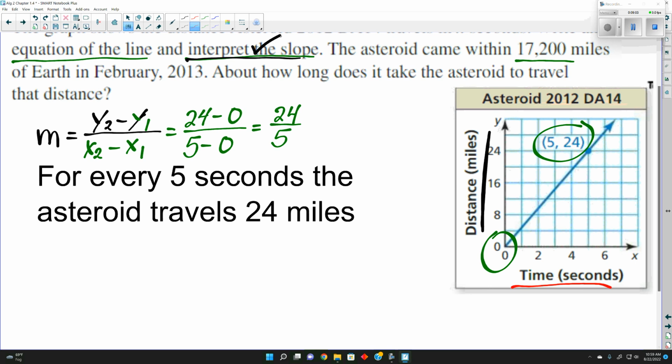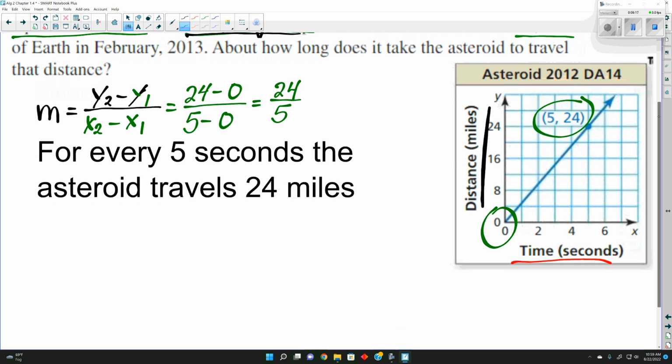So, we interpreted the slope. Now we need to find out the equation of the line. If we have the Y-intercept, we can use slope-intercept form. Do we know what the Y-intercept is?